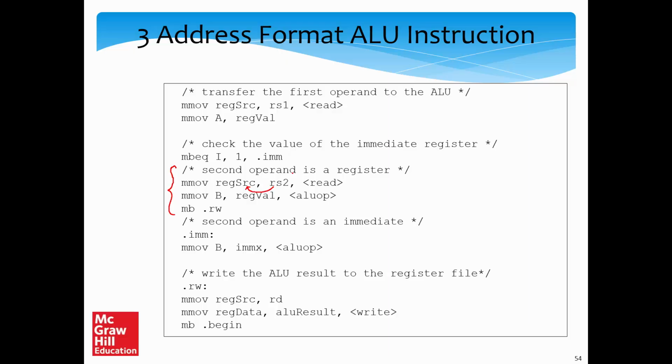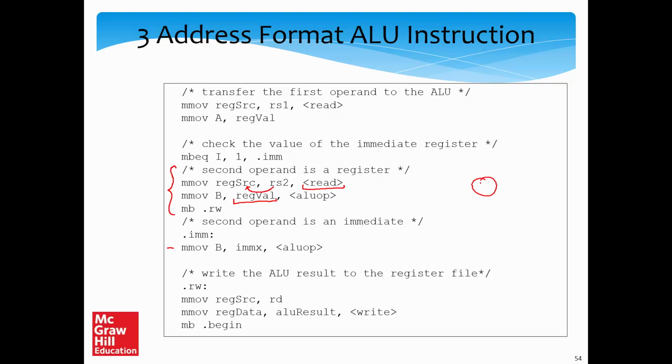Reg source is a micro register that encapsulates the register file. Simultaneously, we send the read argument on the shared bus. So along with writing the value of rs2 to reg source, it will also read the register file with whatever value is being sent. The output will be written to the regval micro register. So again, a statement similar to this will be executed here.